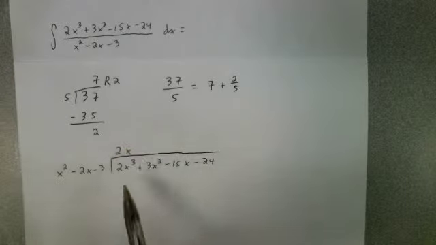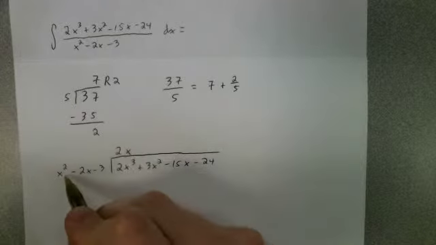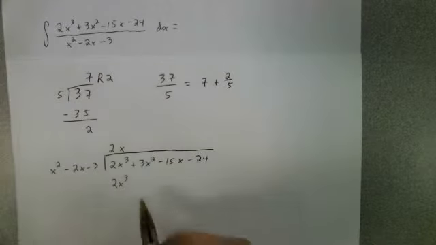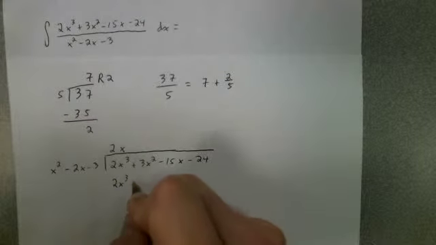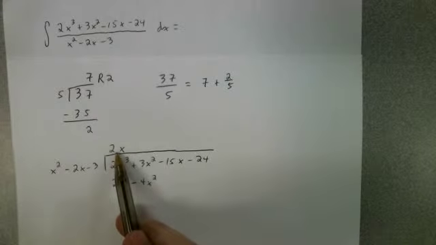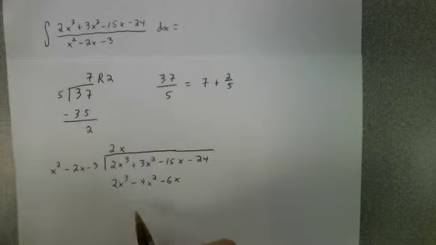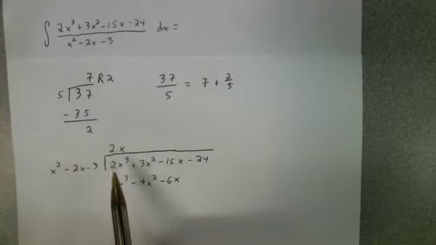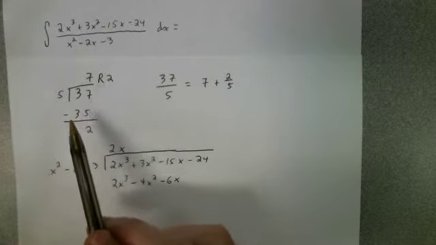We take this 2x and multiply it by this stuff. 2x times x squared gives you 2x cubed. 2x times negative 2x gives you negative 4x squared. 2x times negative 3 gives you negative 6x. Now we're supposed to take this guy and subtract this guy, just like before. This guy minus that guy.